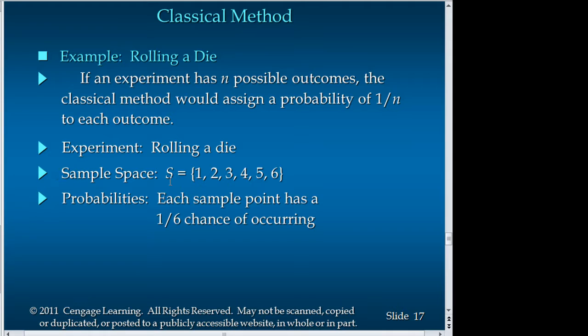What's the sample space? The sample space consists of all possible outcomes. When you roll a die, the sample space is going to be 1, 2, 3, 4, 5, 6. If you flip a coin, what would be the sample space then? Head or tail, right? Okay.